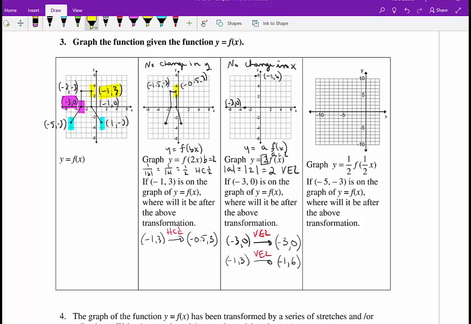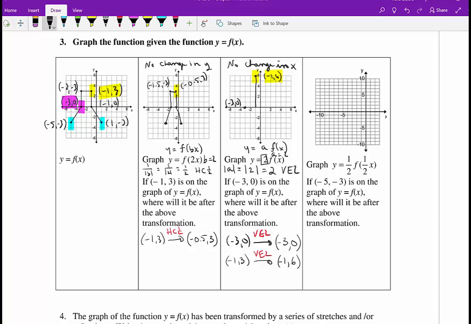Okay, and I'll highlight that in yellow because that's what it was on the first graph. Okay, so notice, let's take a look at the -1 and 6. It's still 1 unit away from the y-axis, but the distance from the x-axis has doubled, right? It used to be 3 units up, now it is 6 units up. All right, so we have vertically stretched it by a factor of 2.